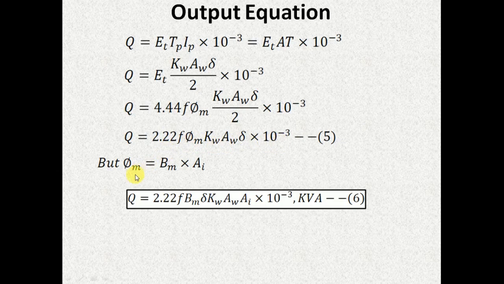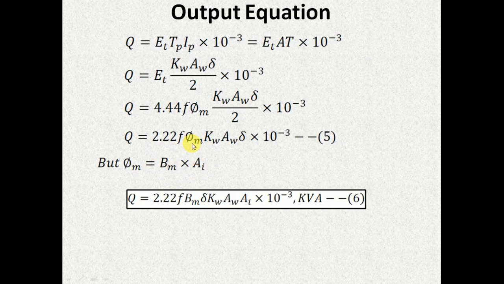Further, replace the main flux term with magnetic flux density and net iron area. You are quite familiar with the standard relation, that is B is equal to phi by A. From there we can write phi is equal to B into A. The same representation is made here also. Phi m is the main flux, Bm represents the maximum flux density, and Ai is the net iron area.